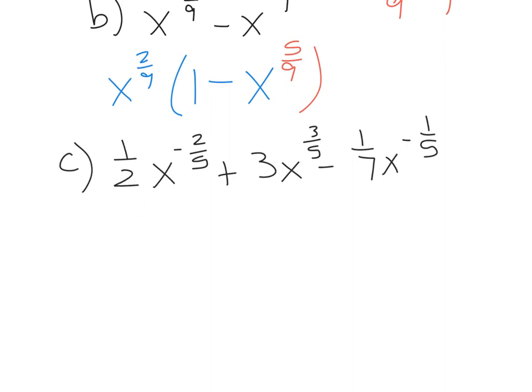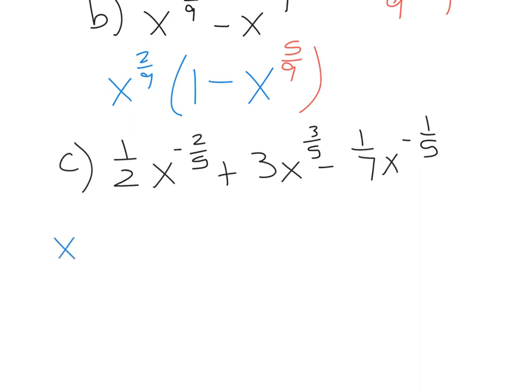All right, don't stress these coefficients because they don't really have a common factor, so you're not going to factor out anything from the coefficients. Looking at the exponents, choose the smallest one. Well, these two are negative, so obviously they're smaller than this positive one. Which is smaller, negative 2/5 or negative 1/5? If you remember your rules for negative numbers, the negative 2/5 would be further to the left, so this would be smaller. So that's the one we're going to factor out.